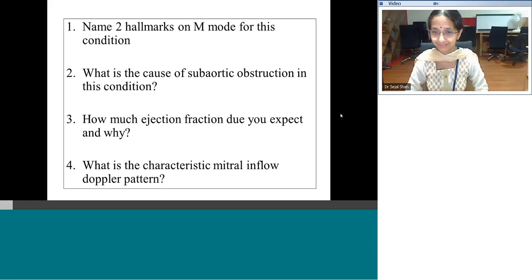And what is the characteristic? Low LVEDV. So do you want to modify this? Is it the end diastolic volumes? So we go back to our basic definition of ejection fraction.